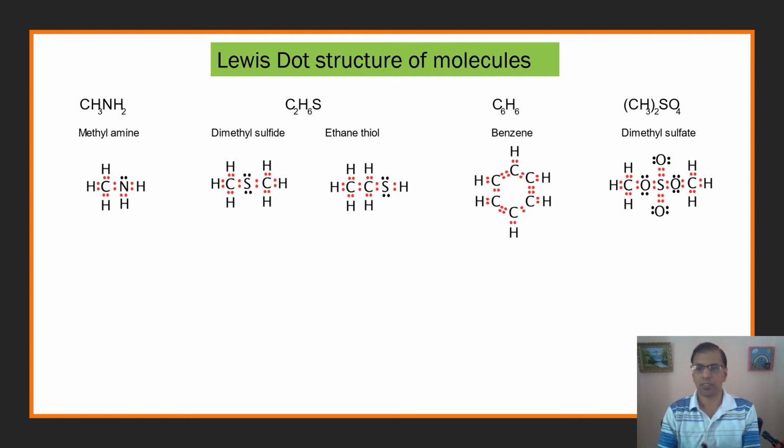And I have a model here, this is for methylamine. This blue atom is nitrogen, and the black is the carbon atom, and these white ones are the hydrogens. So you can see these pink bonds, they are one pair of electrons that are shared between carbon and hydrogen.